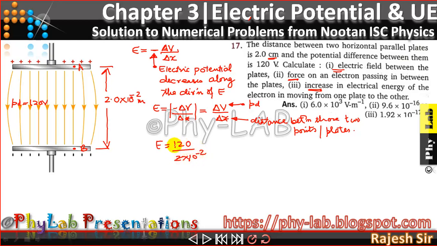And 2 60s are 60 into 10 to the power of 2, or simply 6 into 10 to the power of 3 volt per meter, or simply 6 kilovolt per meter, friends. So that is the electric field between these two plates. That's the first part of the answer also, friends.